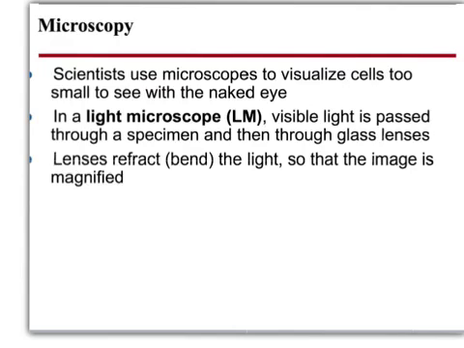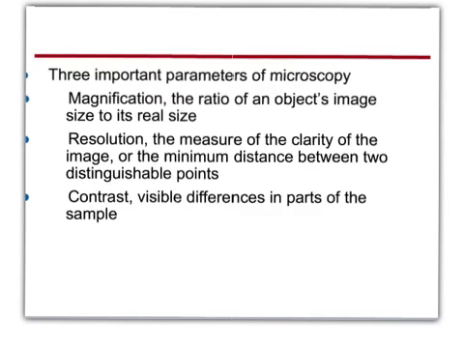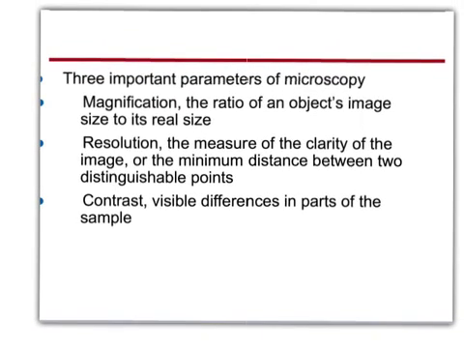With the light microscope, the light is transmitted through a specimen, it's refracted through lenses, and gives you a magnified image. So important parameters of microscopy: magnification, resolution, and contrast. Magnification is how much bigger we are making the image from what it normally is. And how do we calculate magnification? Those of you who have had a lab, how do we calculate total magnification?